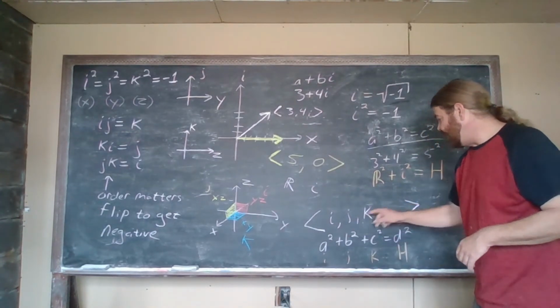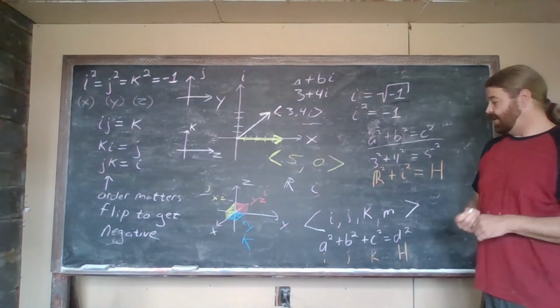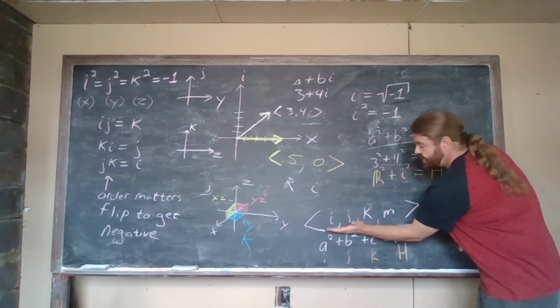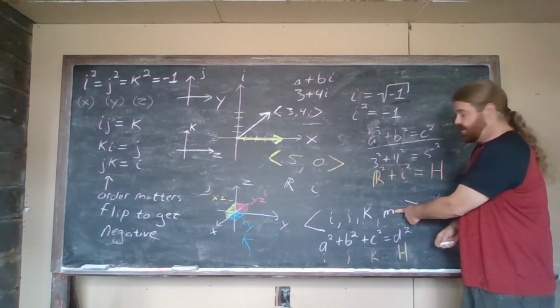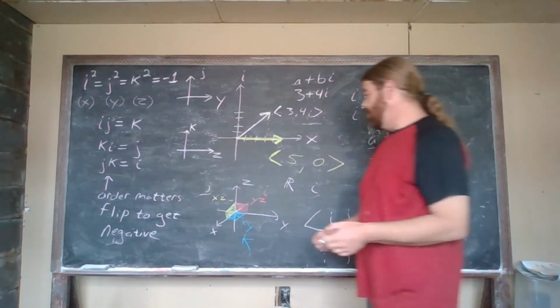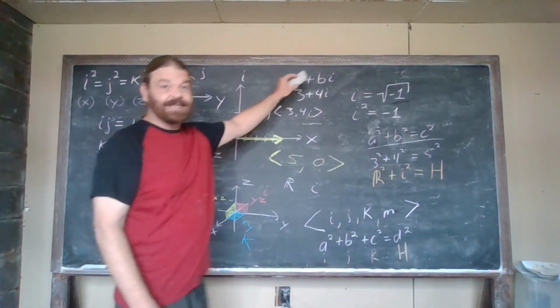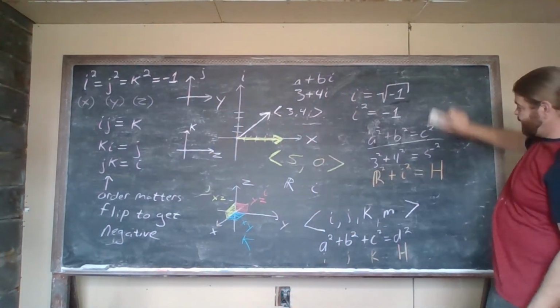So I, J, K, and M for magnitude. So we have 4-dimensional space, but this is our vector pointing off, and this is the length of the vector. So what might help, definitely ran out of room, I'm going to go back and erase some of this 2-dimensional stuff. Hopefully that was review from things you've seen before.